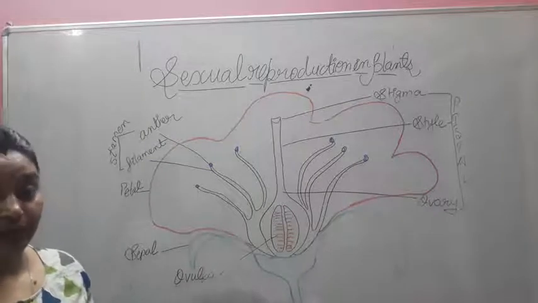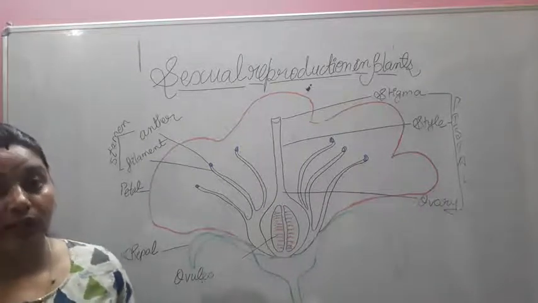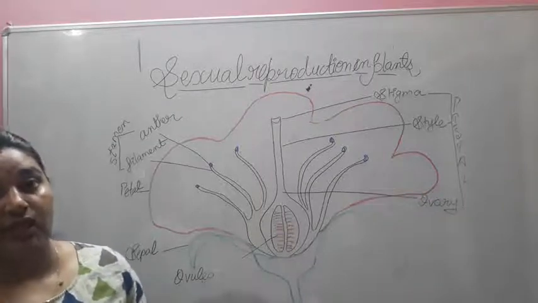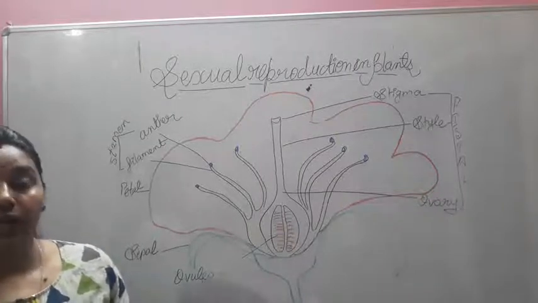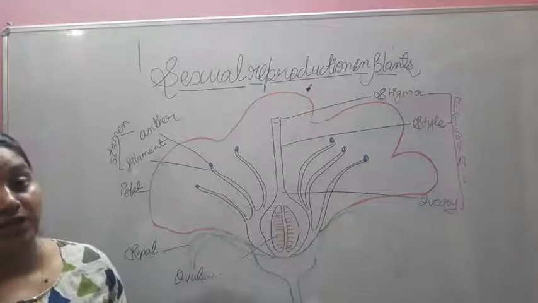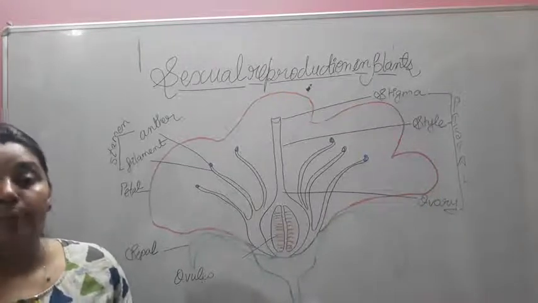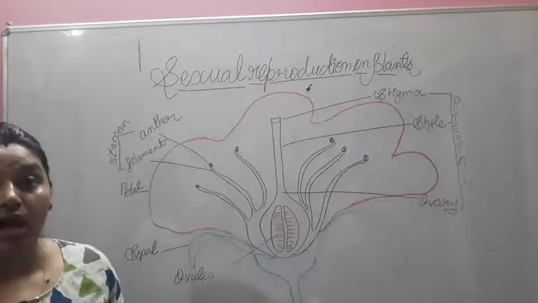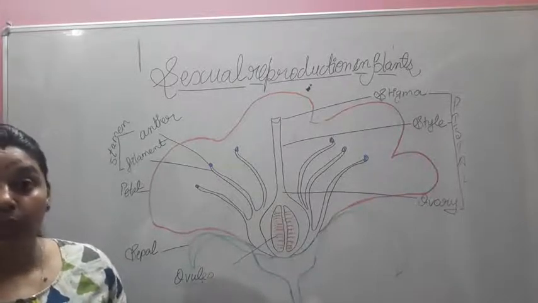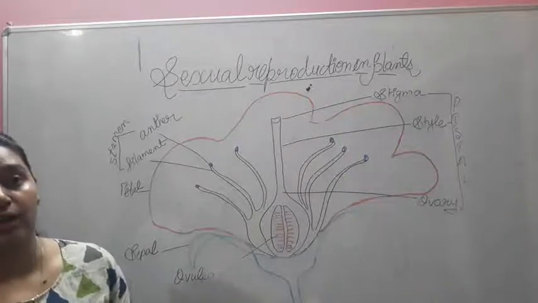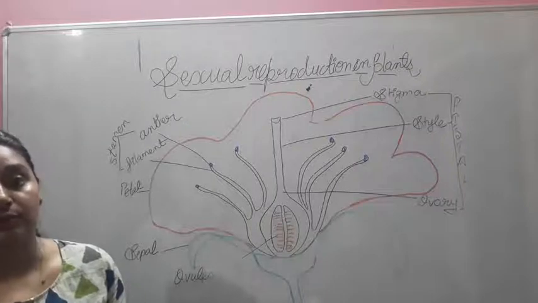Before that, let me tell you that there are two different types of flowers in our environment. One type is called bisexual and the other is called unisexual. Bisexual flowers are those which bear both male and female gametes, for example hibiscus and mustard.